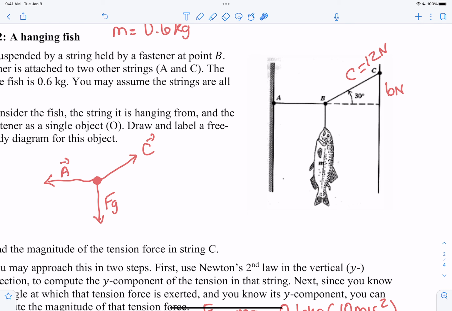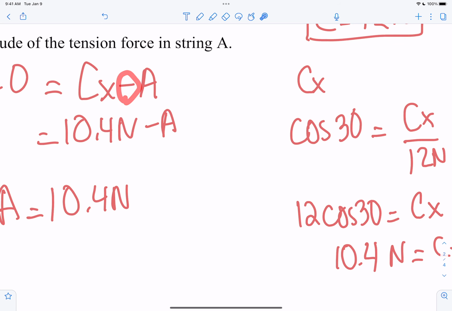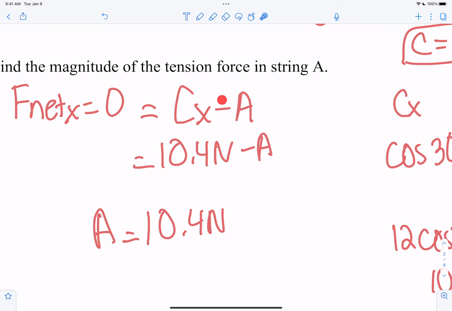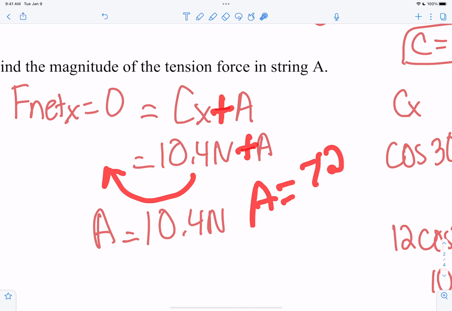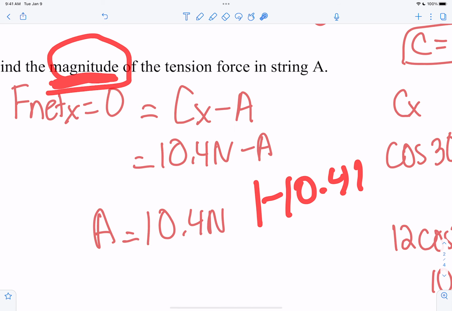Negative 10.4, yeah, absolutely right, because we have to indicate the direction there. And so if I'm integrating the signs in my equation, I end up with a magnitude always. Otherwise, if I did cx plus A, then I'd subtract this 10.4 over, and then A would be equal to negative 10.4. That gives me the value of A with the direction, and I'd have to take the absolute value of negative 10.4 in order to get the magnitude.